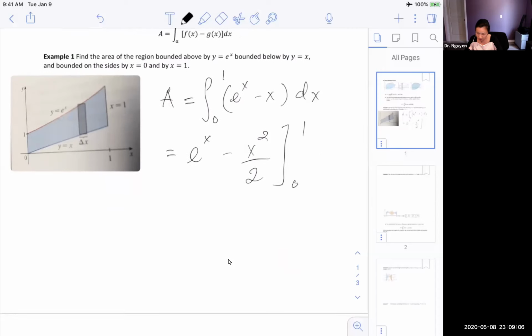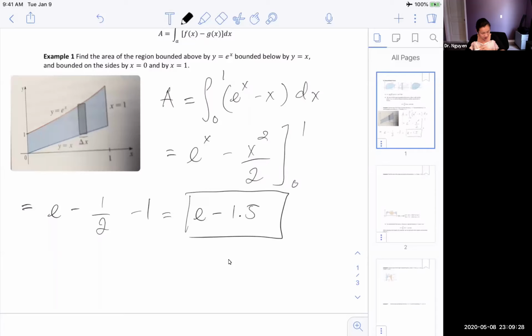Okay, and then from there, you can just calculate, and then you can use a calculator. So what I have is e minus 1.5. I'm just going to give you the exact answer. Like I said, you can use a calculator and figure out e. So that's very easy.